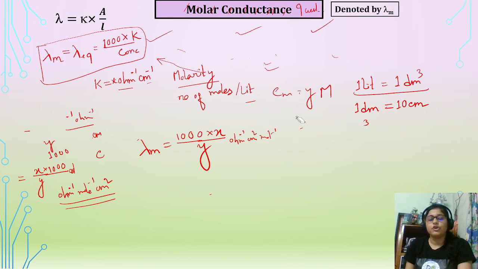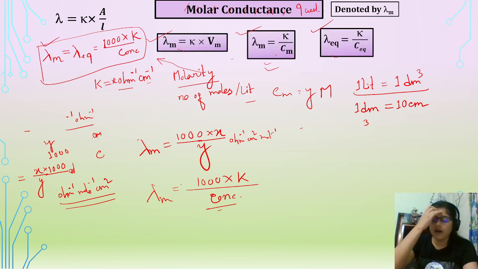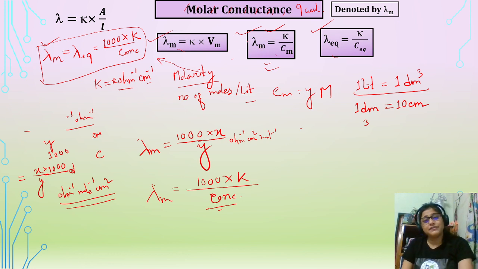So we got this. We can convert it this way because Y is the concentration: 1000 into kappa value, and this is the concentration. See, we can convert it. So my equation, this one was correct, because I have taken that equation only. I have just changed the units.